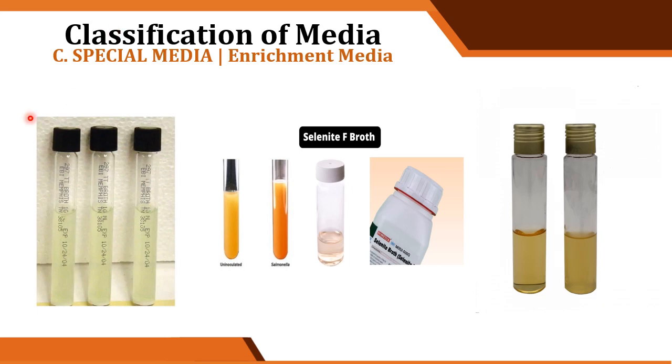As we know, our gut contains a lot of normal flora, so it is a mix of bacteria. When we want to isolate a certain type, we use enrichment. For example, if we want to isolate typhoid or paratyphoid bacilli, we can use this.